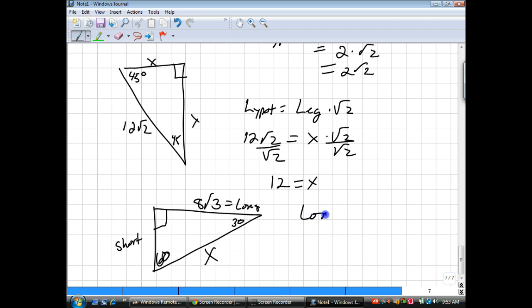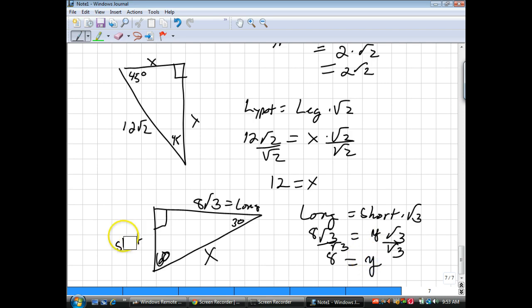And we know that the long is equal to the short times square root 3. So 8, I divide by square root 3. So 8 equals x. Well, actually, I shouldn't have used x, because this is the, we'll call this y.